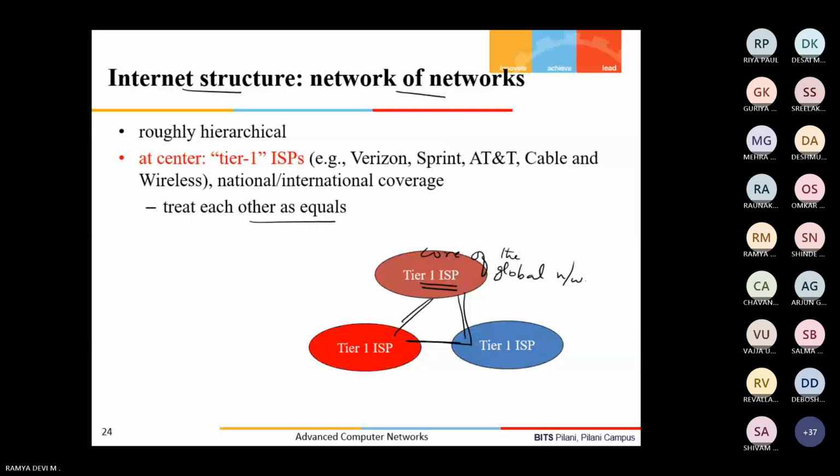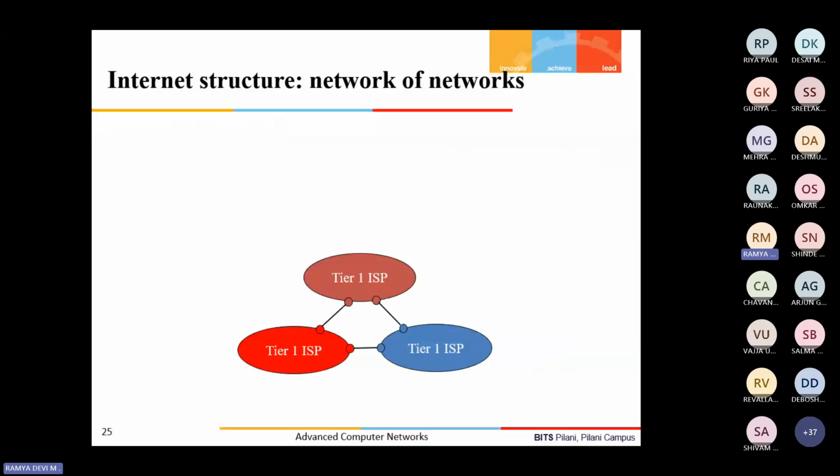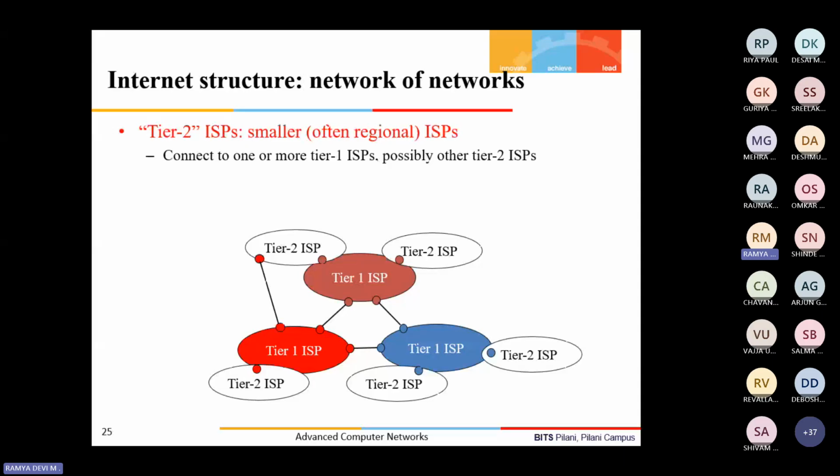The next one is Tier 2 ISPs. Tier 2 ISPs are smaller ISPs which connect regions. They are nationwide or sometimes international as well, but Tier 2 operates region-wide, below Tier 1 in the hierarchy.